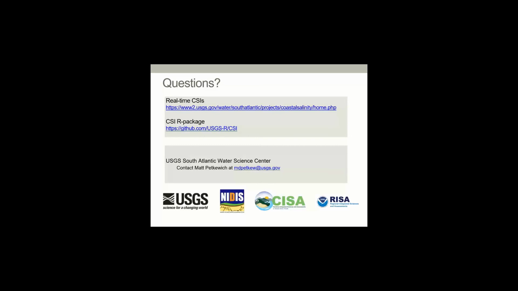Yeah, so that's exactly some of the things we've been looking at and trying to find cooperators to do. Specifically the oyster stuff, we have a colleague who's interested in oysters, and we're going to try to reach out to see if we can use the Coastal Salinity Index to help with the management of oysters.